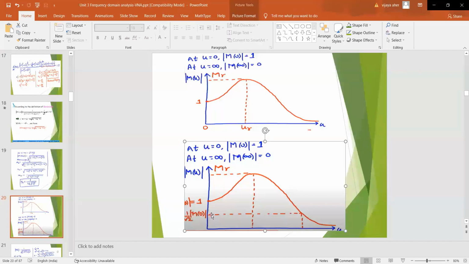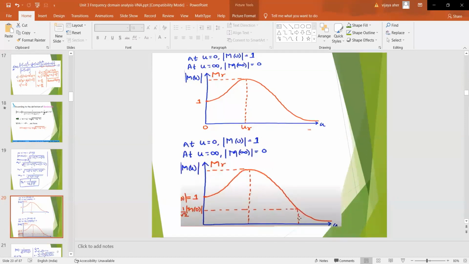So you draw a line from 0.707 until it touches this plot. Take the vertical projection, and from this point to this point is your bandwidth of the system. Got my point? Any doubt up to this, students?